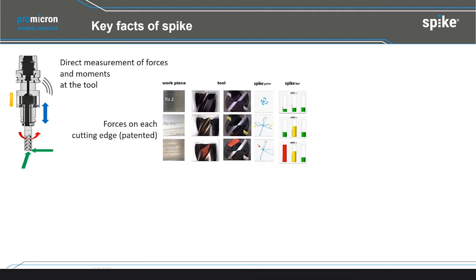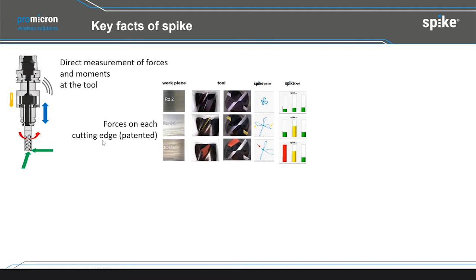You know this slide and you know this example. This example is an industry example and shows you the main benefit of Spike, that we can see the forces on each cutting edge with our Spike Polar design, which is patented.